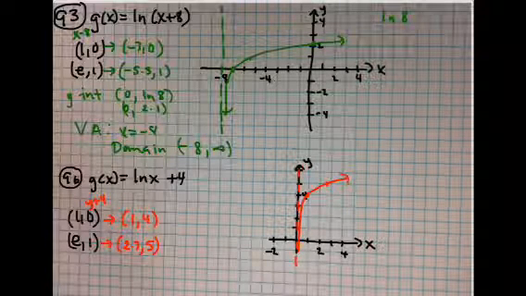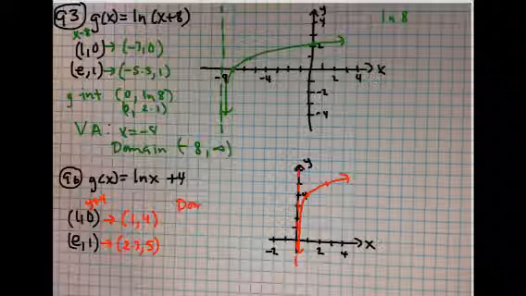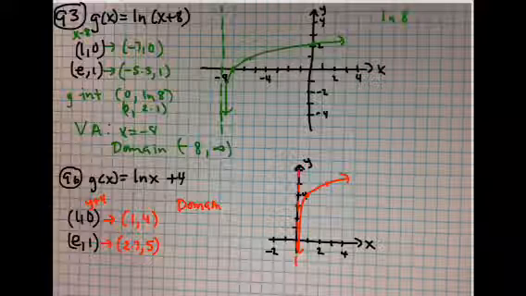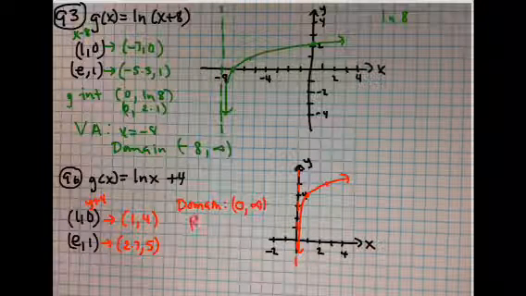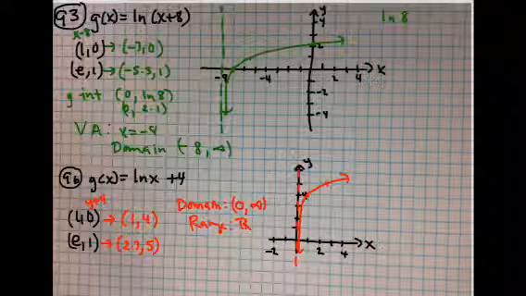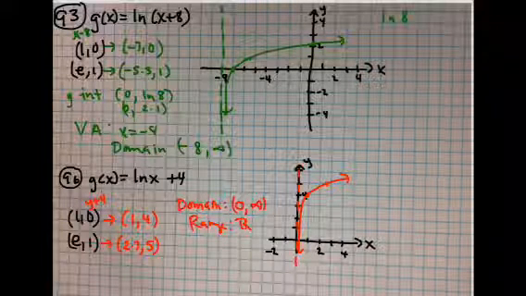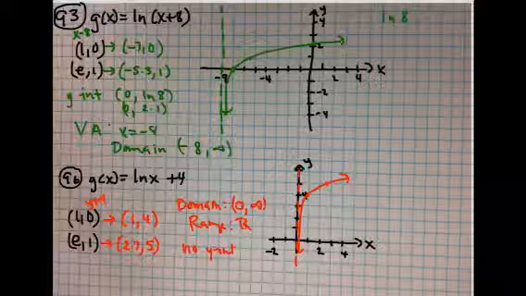Like that. Okay? So the domain is all numbers greater than 0. The range, all real numbers. It has no y-intercept because there's an asymptote there.